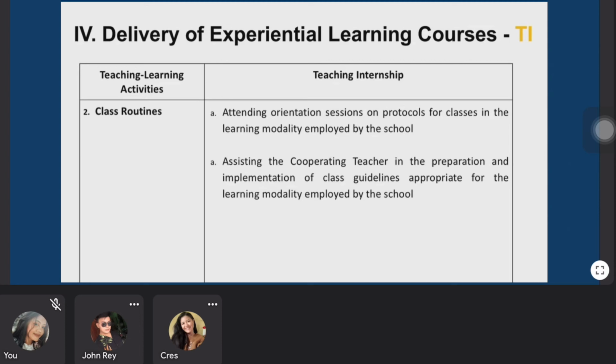Second, assisting the cooperating teacher in the preparation and implementation of class guidelines appropriate for the learning modality employed by the school. So during orientation sessions for classes, we need to attend, and we also need to assist our cooperating teacher in preparing lessons or whatever our critic teacher asks us to do.